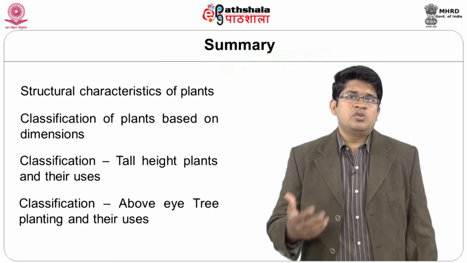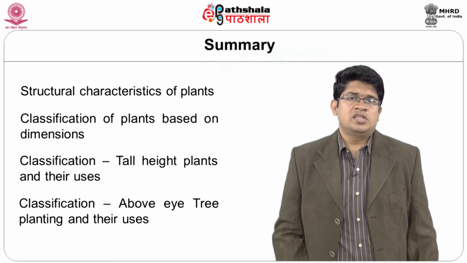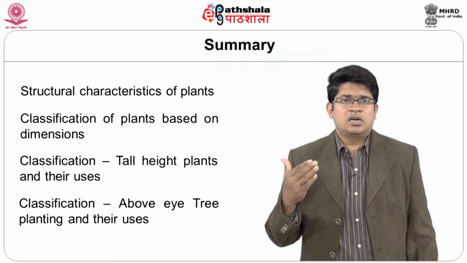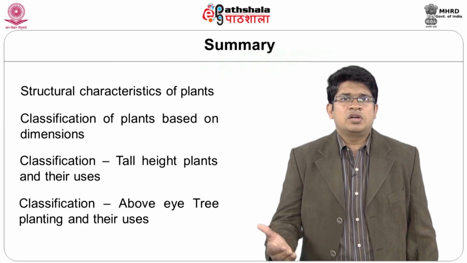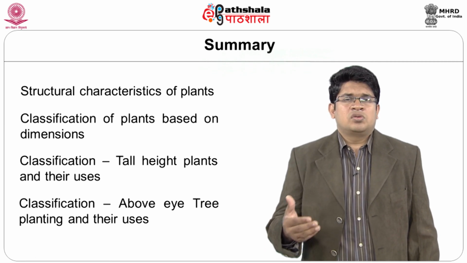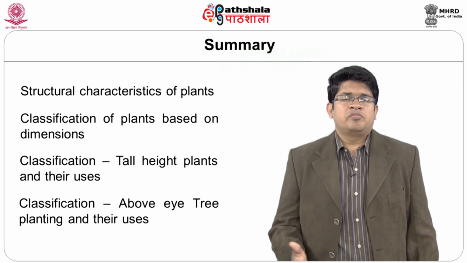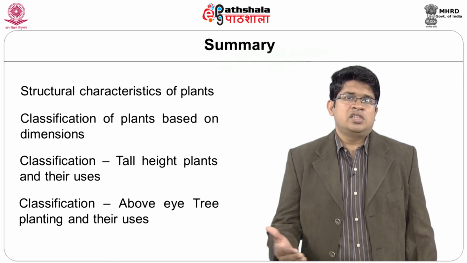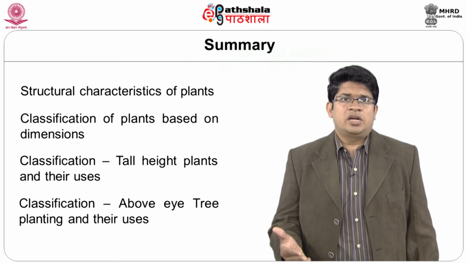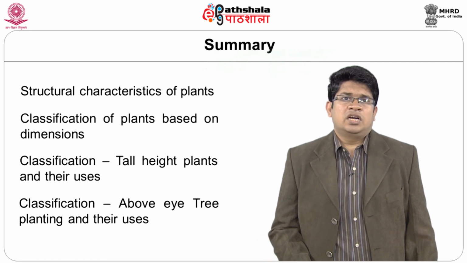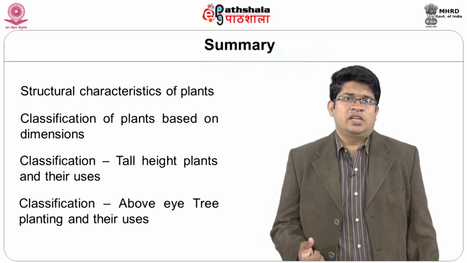It is very useful to understand these plants with respect to their heights and what each one can contribute to the designed landscape. So it is very important to have this classification at the back of our mind as we proceed into the realm of planting design, and use plants as a very effective design element. Thank you.